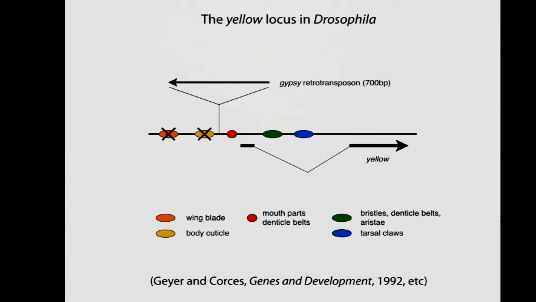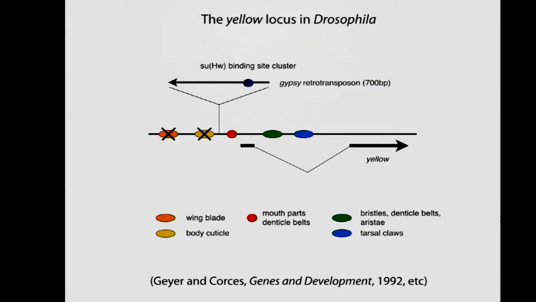In this mutant, you would see that yellow expression was normal in these various regions, but not in wing blade and not in body. The other interesting thing, though, was that there's a corresponding rescue of this when you see a mutation upstream of a protein called suppressor of hairy wing.